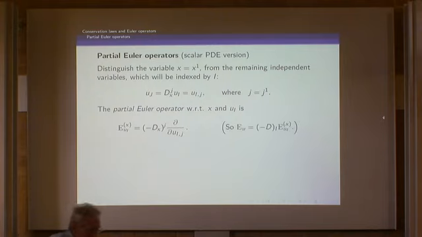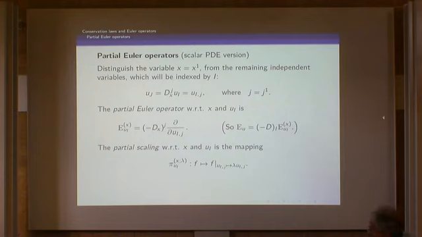An important identity here links the standard Euler operator and the partial Euler operators. E_u is the adjoint of the D_I applied to E_u^{I,x}, summed over I. Remember the summation conventions we were applying in this talk. So there's the link.